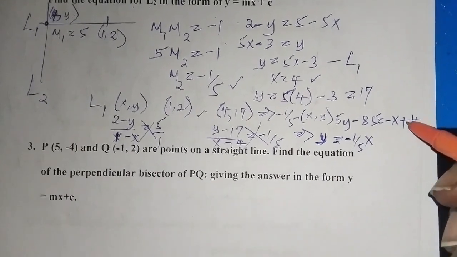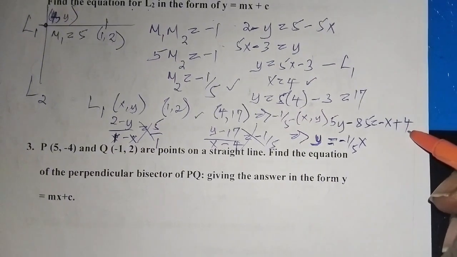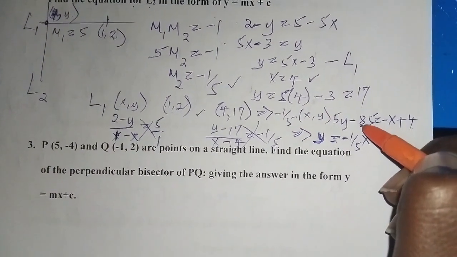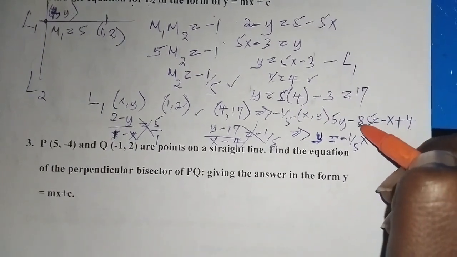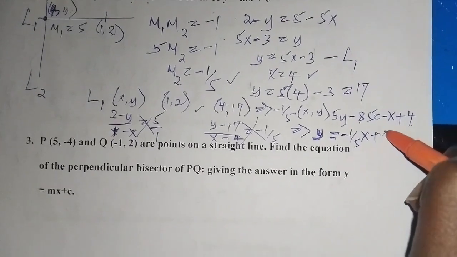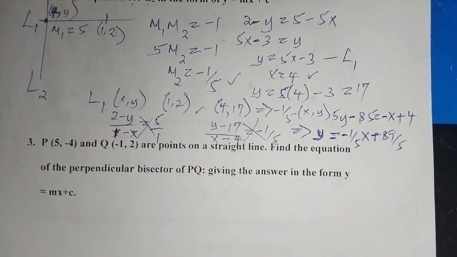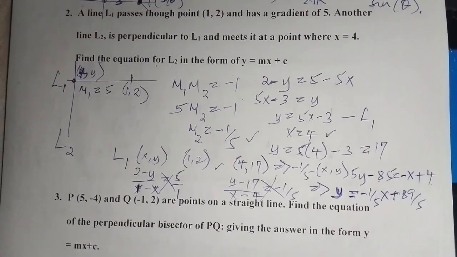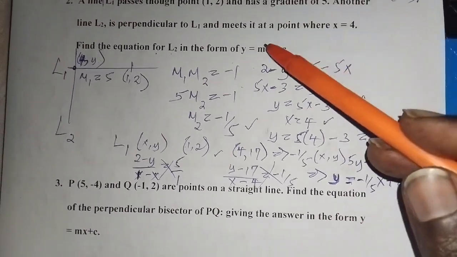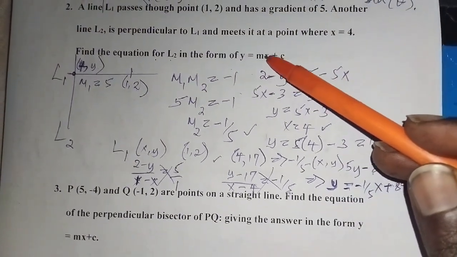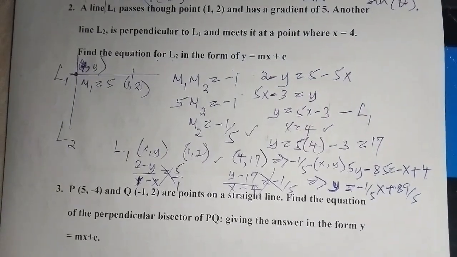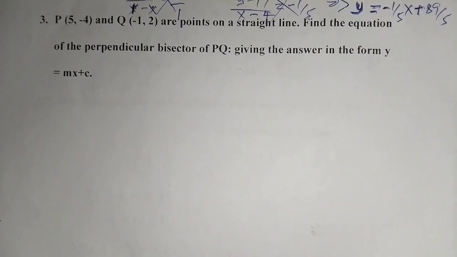We have +4 over 5, then +85 over 5. We have 89 over 5. That one becomes your equation in the form of y is equal to mx plus c.